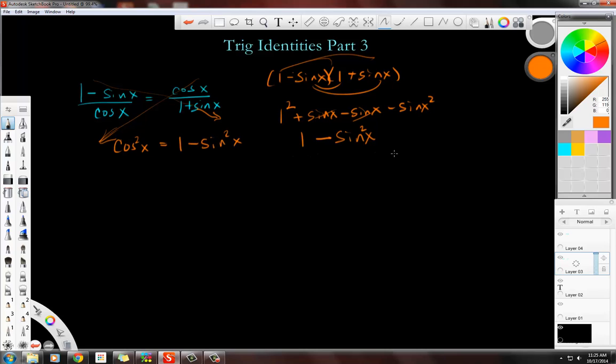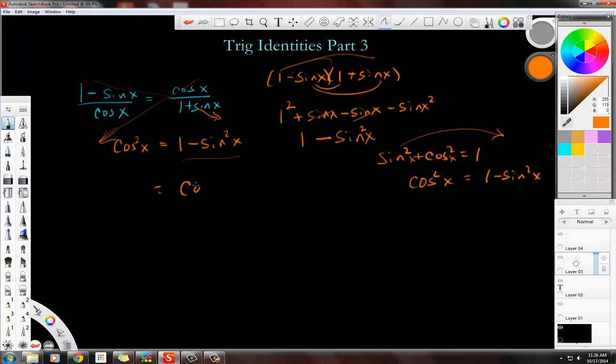And then we remember the trig identity that says sine squared plus cosine squared equals 1. Well, if you think about what cosine squared x equals in that situation, if you subtract sine squared off of that or move that over to this side, cosine squared x equals 1 minus sine squared x, which is what that is.